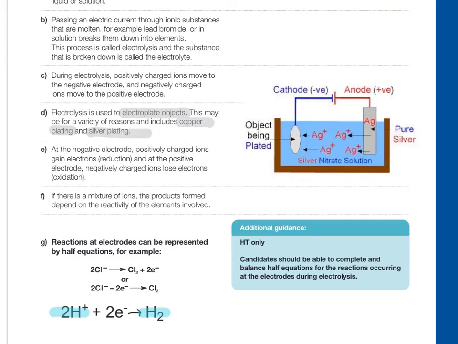This works in a similar way to the copper plating, but instead of a copper sulfate solution we use a silver nitrate solution, and the silver ions are attracted to the negative cathode, where they will gain electrons and be reduced to form a layer of silver over the object you want to silver plate. Both of these processes with copper and silver are known as electroplating.